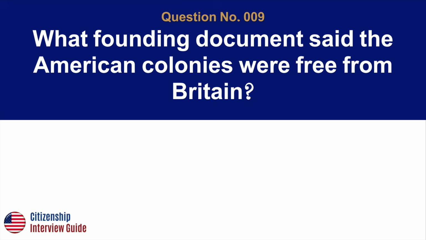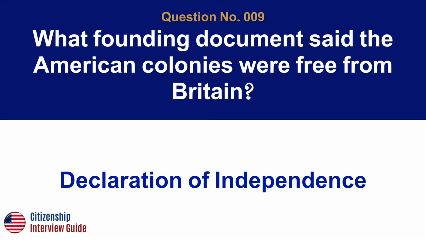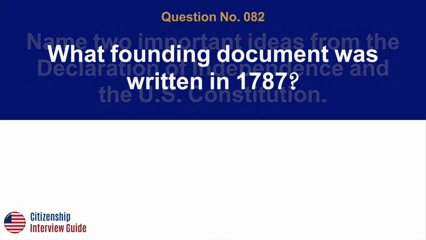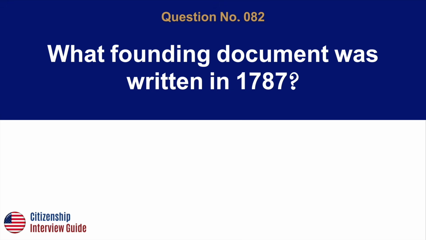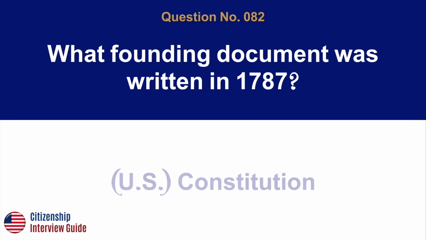What founding document said the American colonies were free from Britain? Declaration of Independence. What founding document was written in 1787? U.S. Constitution.